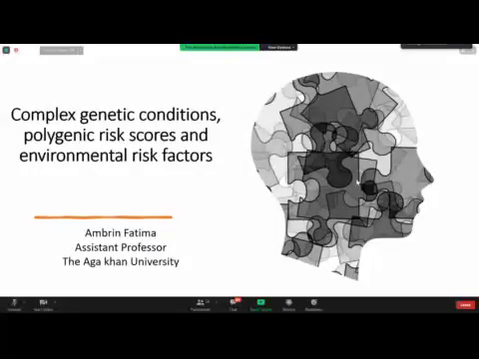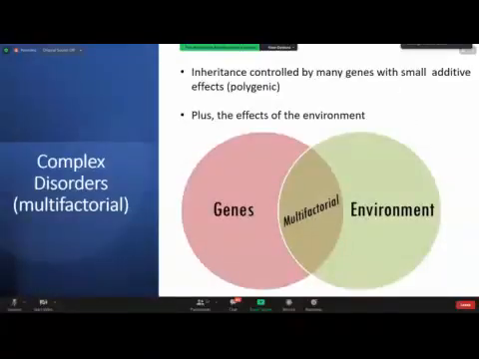So let's start with the complex disorders. Complex disorders are sometimes also called multifactorial disorders. They are not caused solely by genetic factors. If we go back to the spectrum of mutations, copy number variation and single nucleotide polymorphism, and the phenotypes they cause, at the end we have this complex condition.